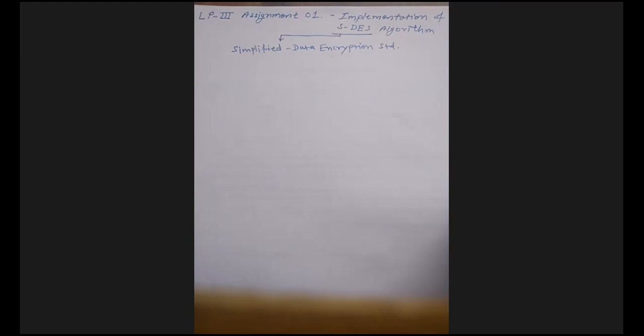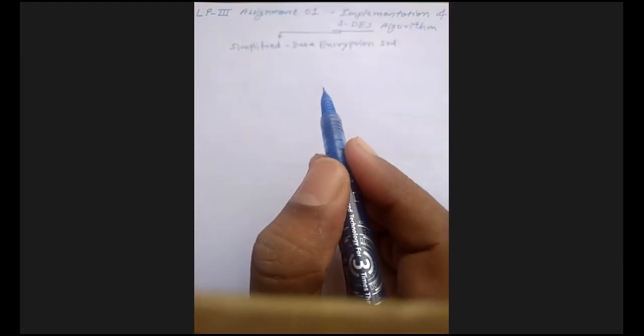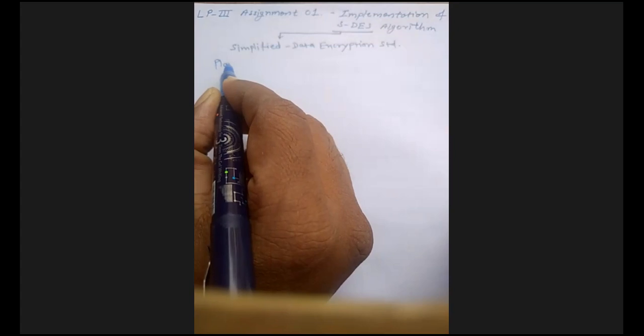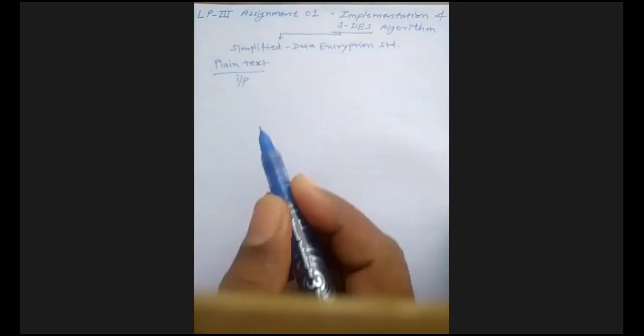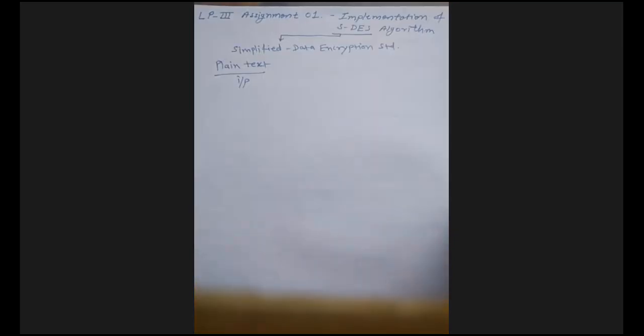I have already told you that this algorithm works from the security point of view. Suppose I am going to transfer data. The data I am transferring starts as plain text. So this plain text is my input data.